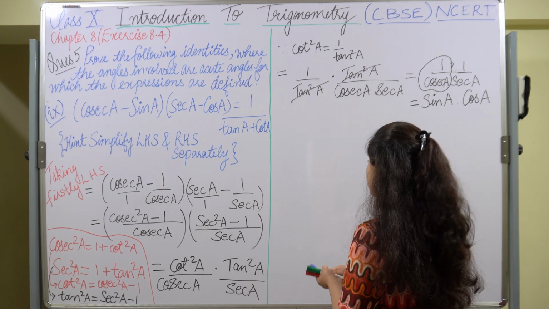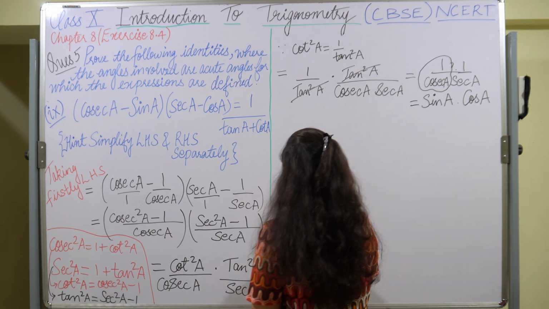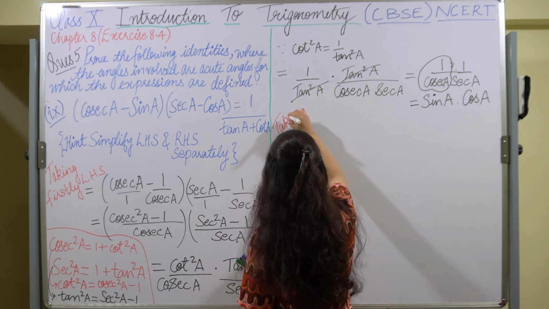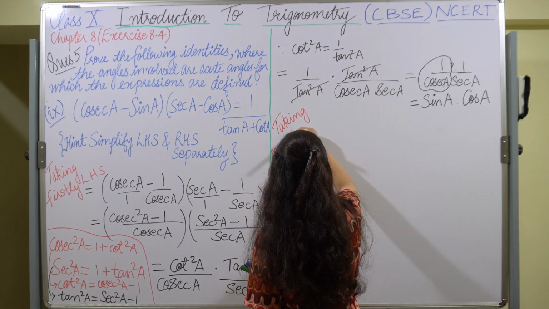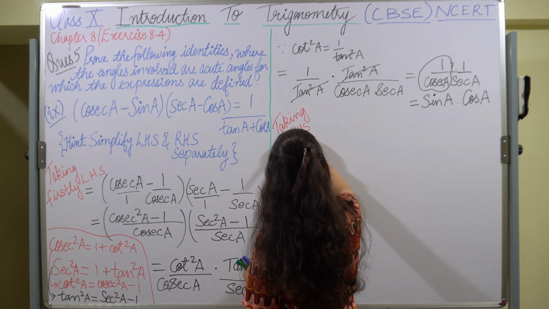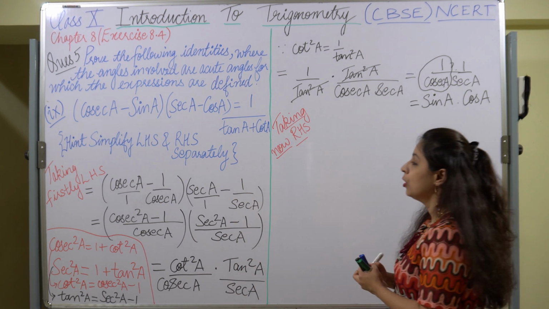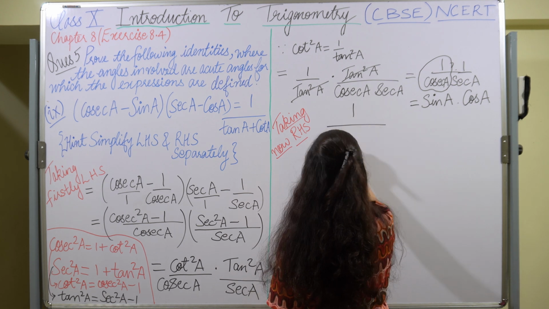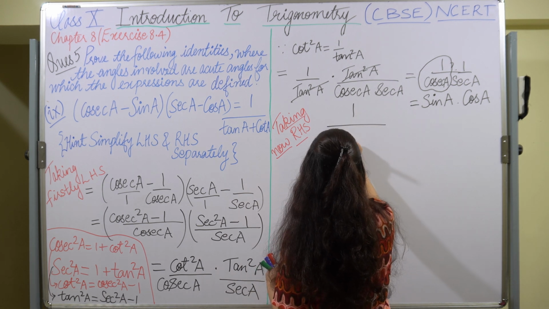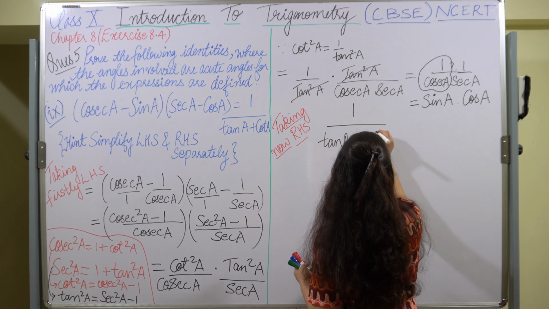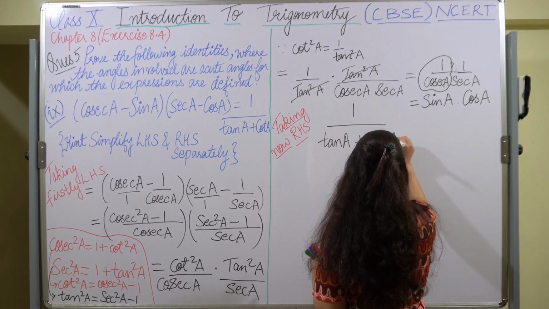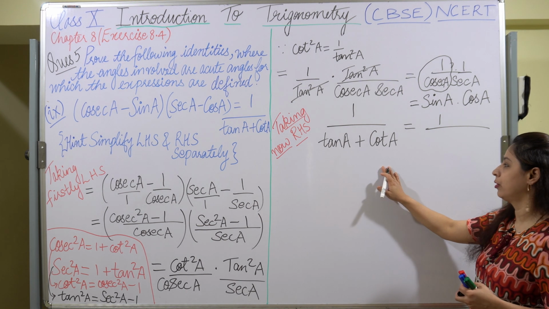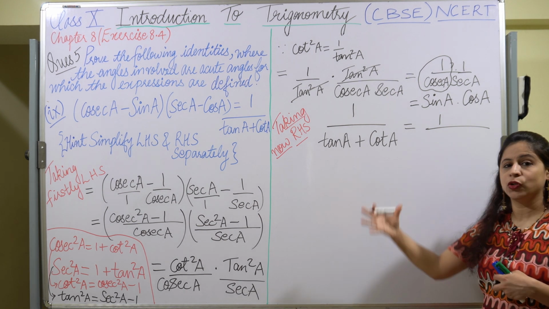Taking RHS, it is given to us as 1 upon tan A plus cot A. Here I'll be replacing tan and cot with sine and cos.